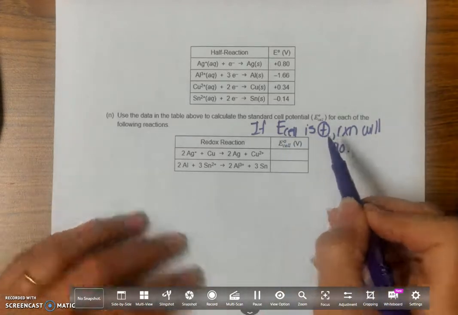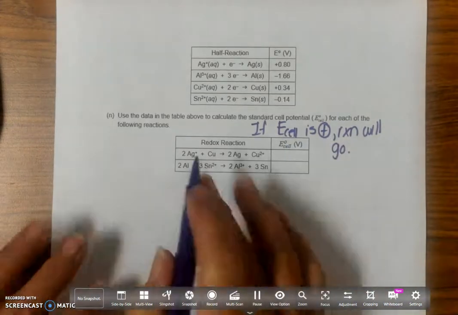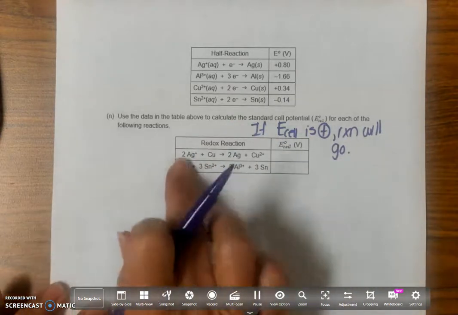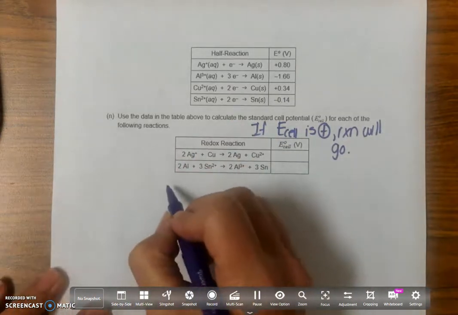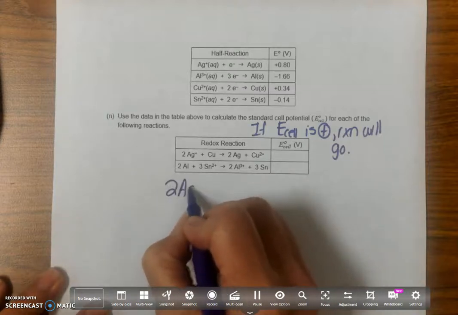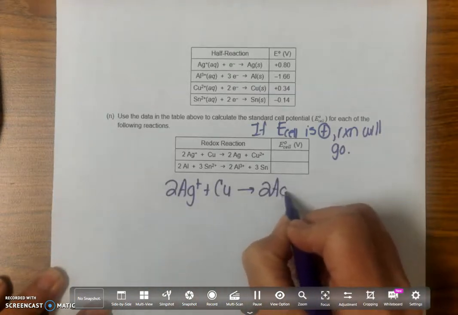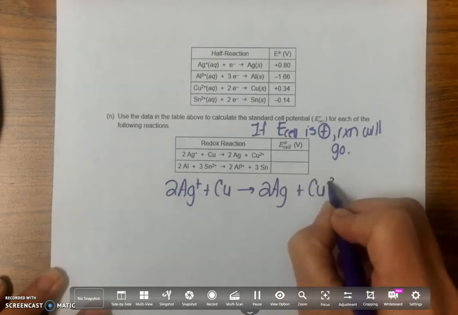This must be positive. So that's what we're going to look at. All right. So the first thing we're going to do is pull out this first one, 2 Ag+ plus Cu goes to 2 Ag plus Cu2+.